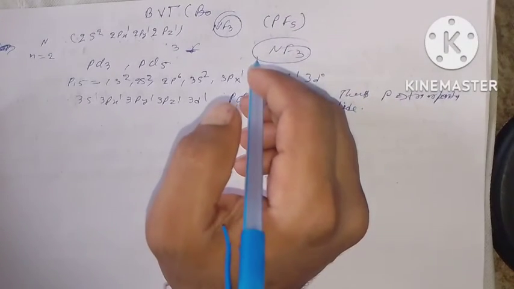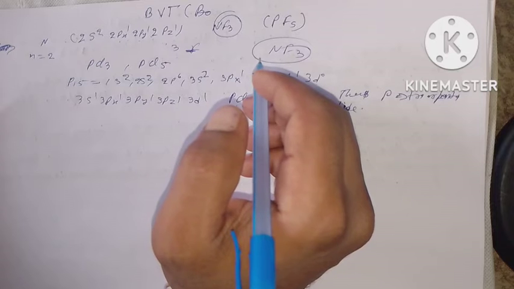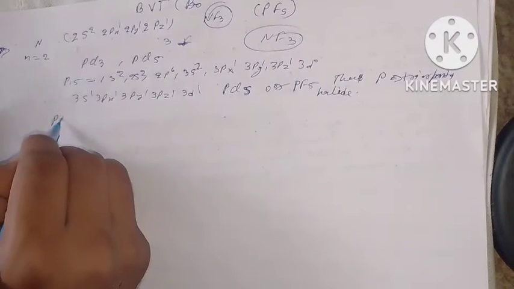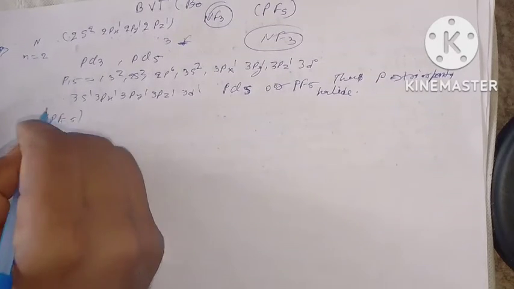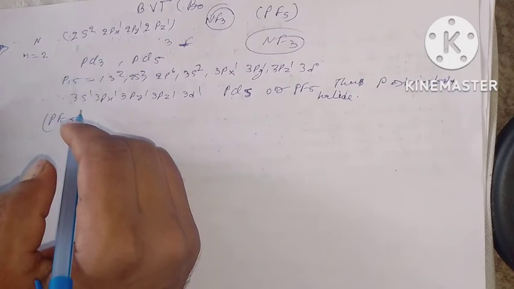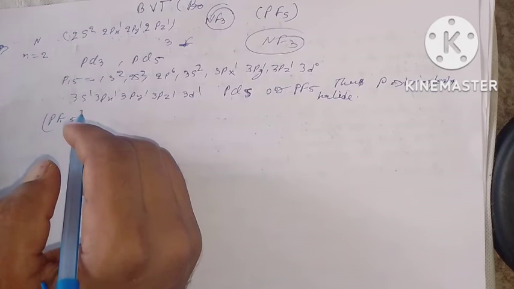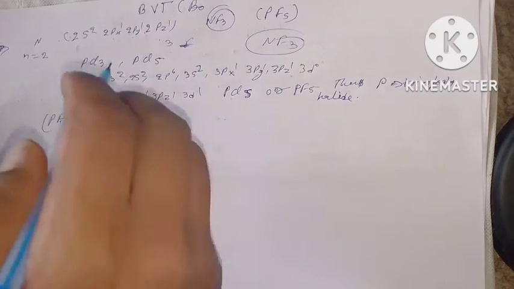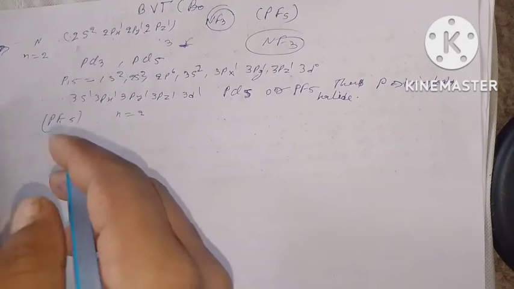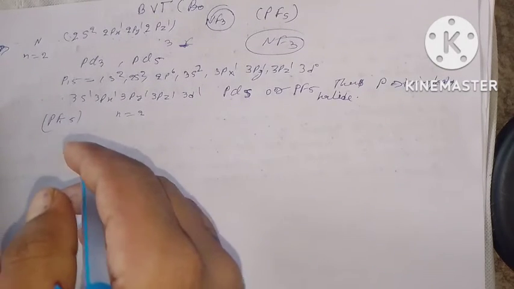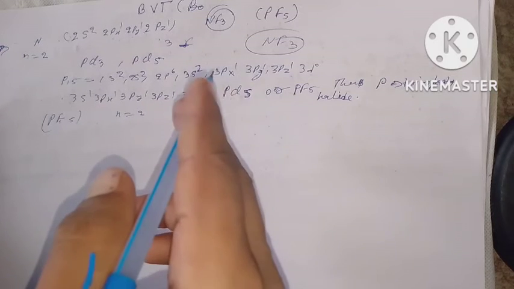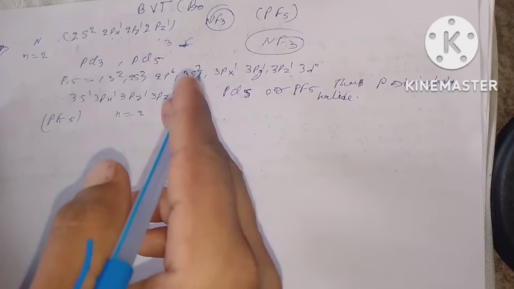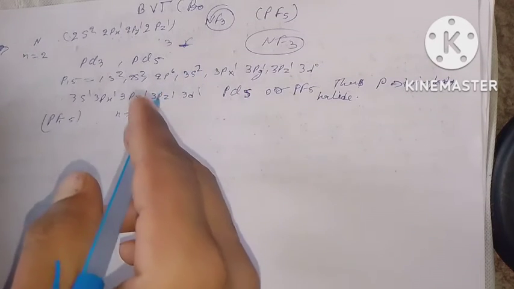N cannot form pentafluoride PF5 because there is no orbital available in the n equal to 2 level to accommodate one of the paired 2s electrons. Hence, the 2s2 electrons remain intact with nitrogen as a lone pair, non-bonding electron pair, due to which nitrogen does not form NF5.